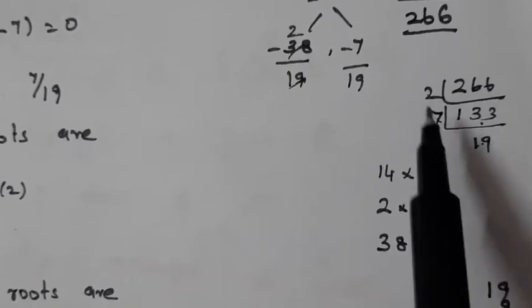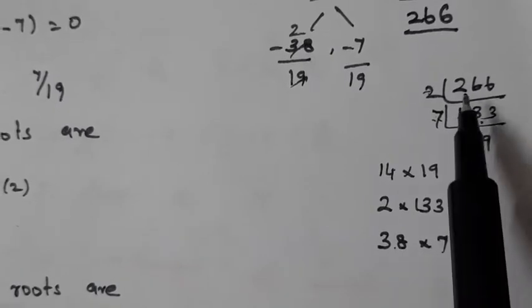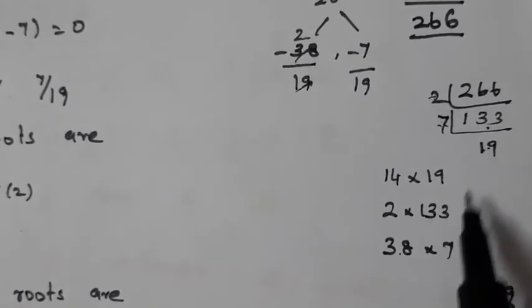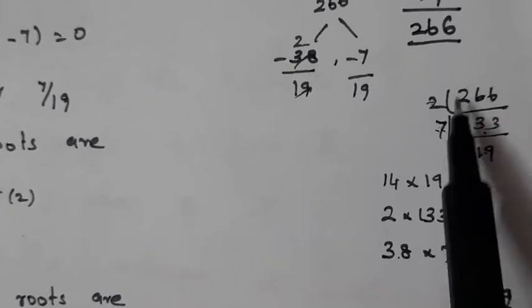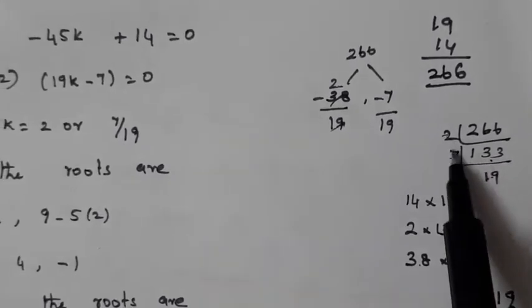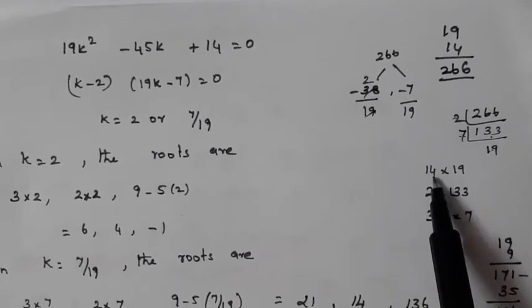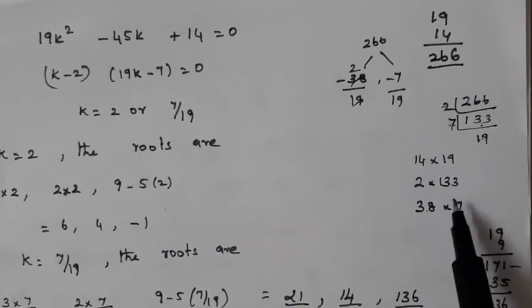Then if you take 2 and 19, 2 into 19 is 38, and 38 into 7 is also 266. So, this is a way to find the factors if it is a bigger number. After factorizing, by taking the product of any 2 factors or 3 factors, you have to find the pair of factors.